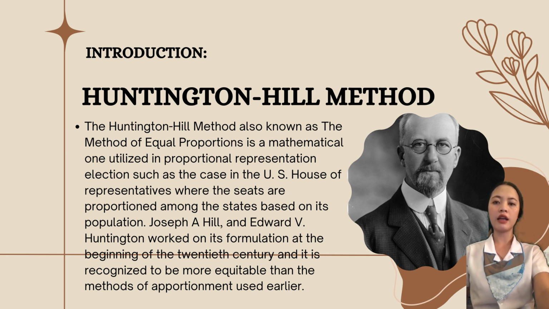Joseph A. Hill and Edward V. Huntington worked on the formulation at the beginning of the 20th century, and it is recognized as more equitable than the methods of apportionment used earlier.